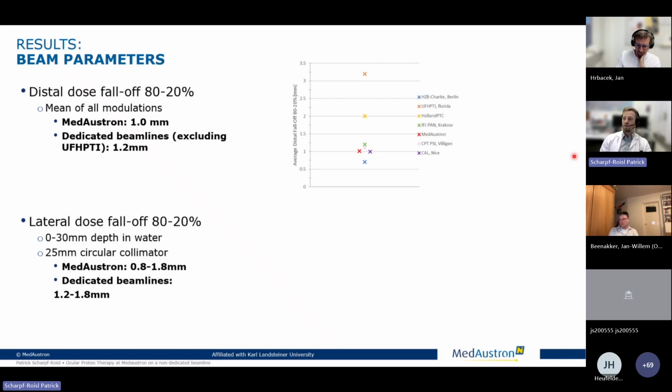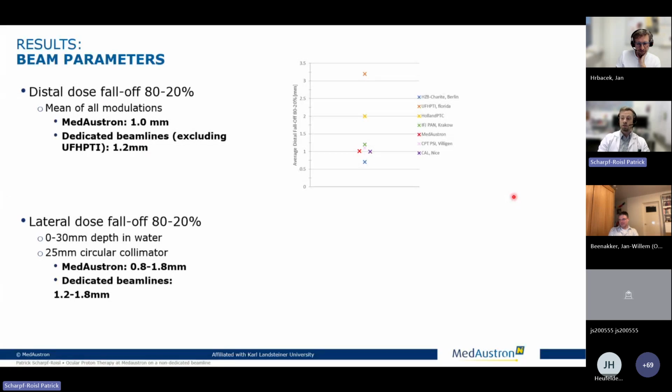So it's very comparable to that of dedicated beam lines, where the mean value is 1.2 millimeters. Of some dedicated beam lines, I excluded from the mean calculation the Florida beam line, which is beyond 3 millimeters. But we are in a comparable range. Only Jens in Berlin is beating us on this point.